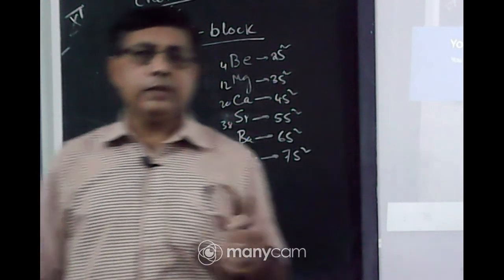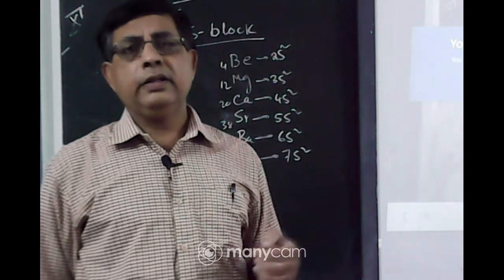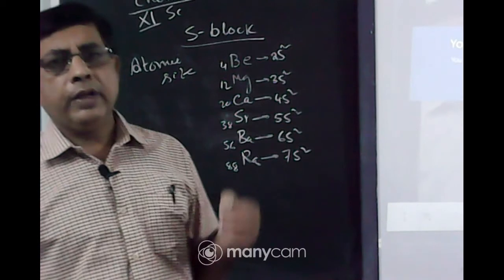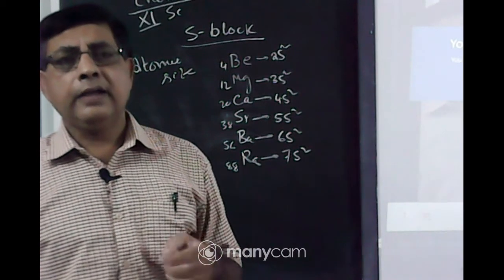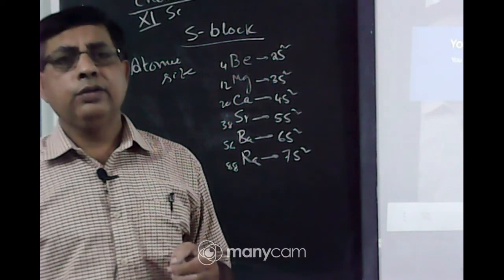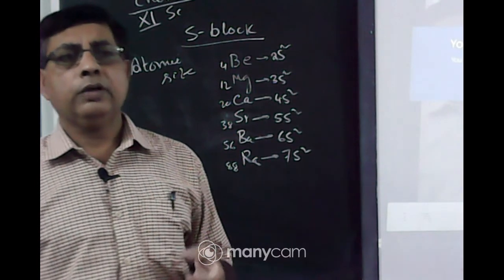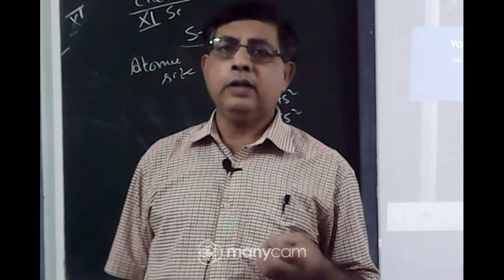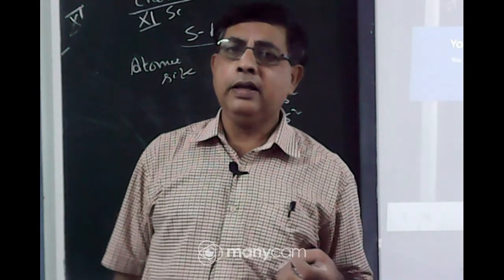But the atomic size of alkaline earth metals is less than that of alkali metals, because compared to alkali metals, alkaline earth metals have greater nuclear charge. Due to greater nuclear charge, the outermost electron cloud comes closer to the nucleus, so atomic size will be less as compared to alkali metals.